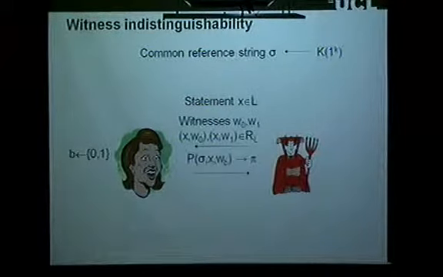If you're thinking about this definition, where we let the adversary generate the witnesses, that's basically because we want to capture as strong a notion of witness indistinguishability as we possibly can. And the strongest notion is that the adversary knows everything, right?